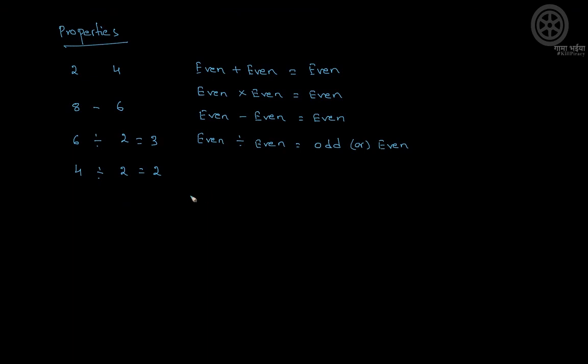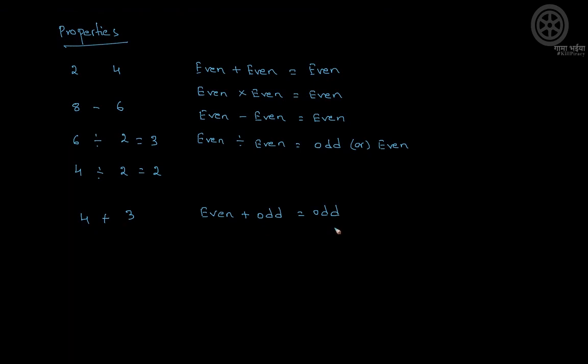If I take two numbers as even, these are the properties. If I take one number even and the other odd, we will see the results. Even plus odd: 4 plus 3 is 7, odd. You take any numbers, 8 plus 5 is 13, right?